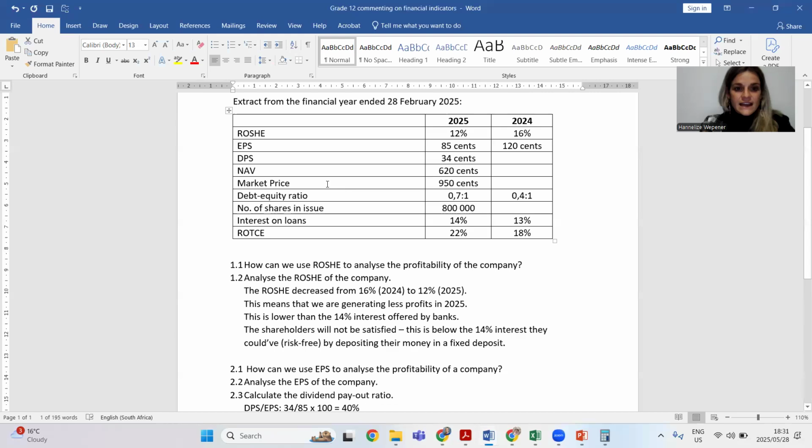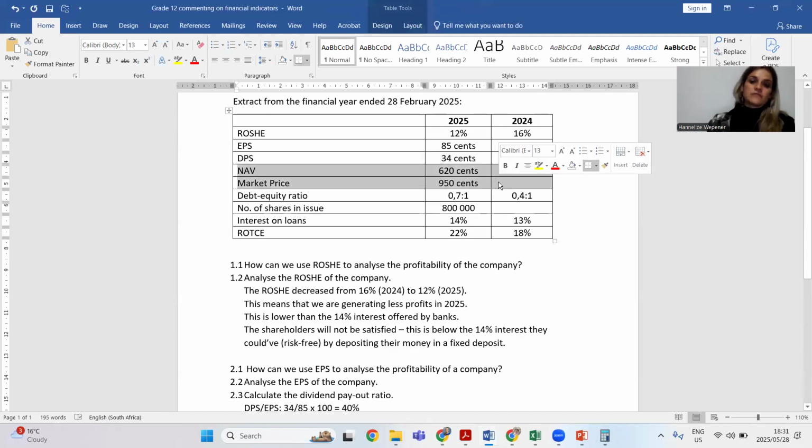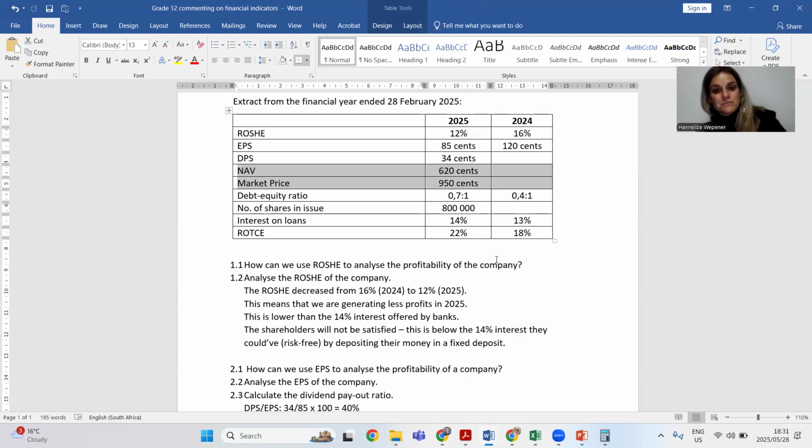Here we have NAV of 620 cents and a market price of 950 cents. So we will say that the shareholders should be extremely satisfied because the market is willing to pay 950 cents for a share that, according to the books, is only worth 620 cents.